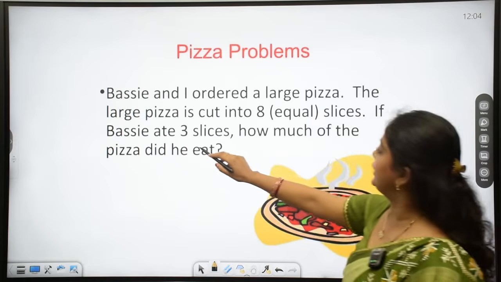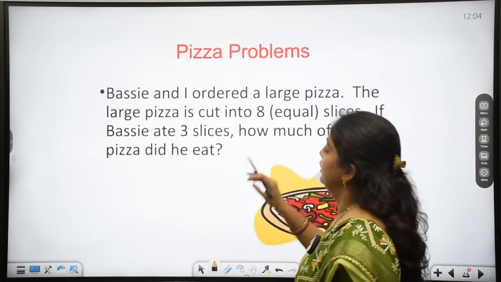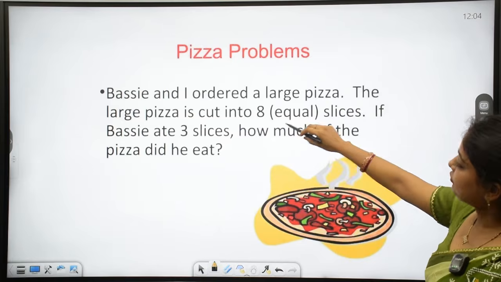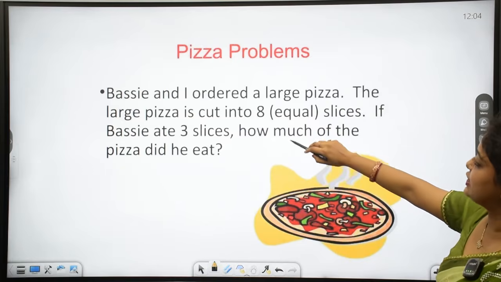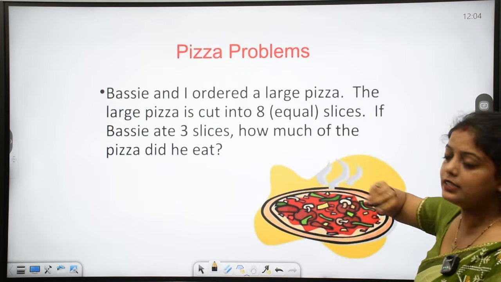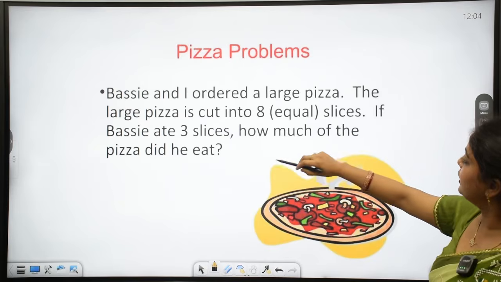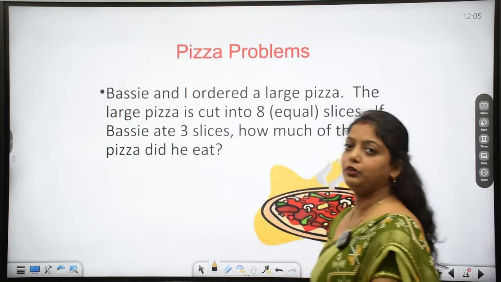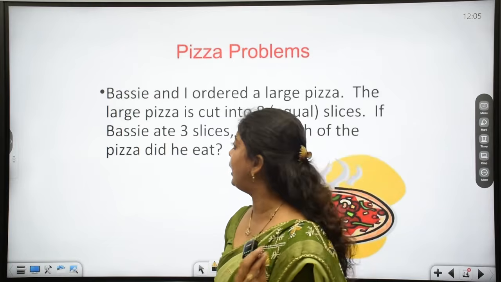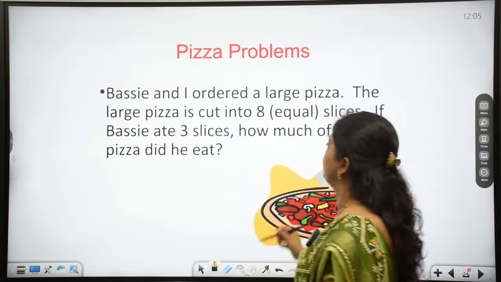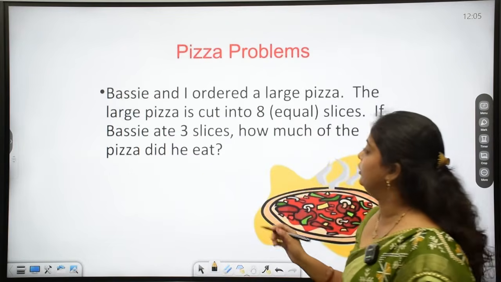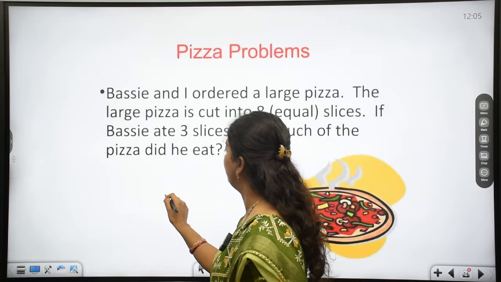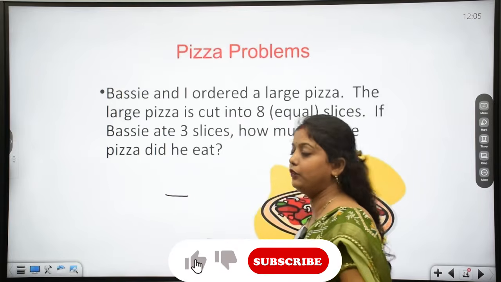If Bessie ate 3 slices, Bessie has eaten 3 slices from the 8 slices, so you have to tell how much of the pizza she ate. You have to tell the fraction of the part that Bessie ate. As we know, in the denominator we have to write the total equal parts.